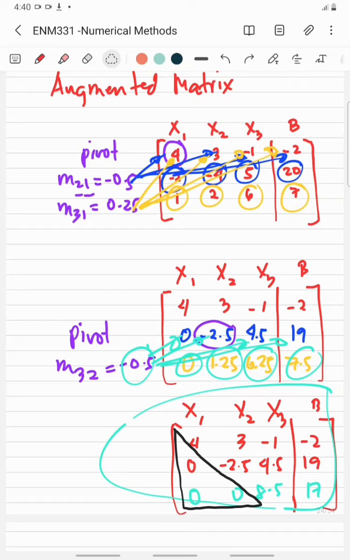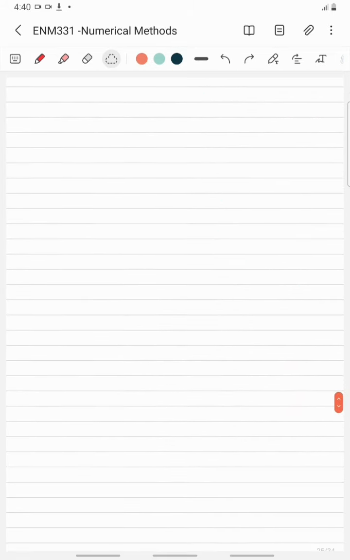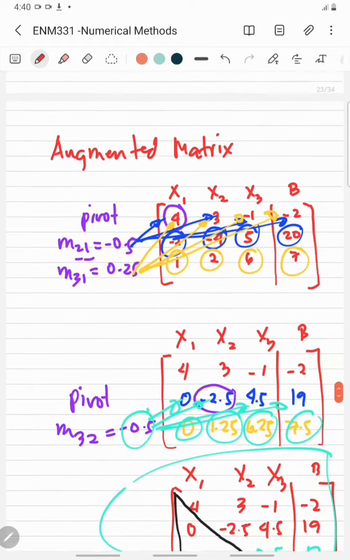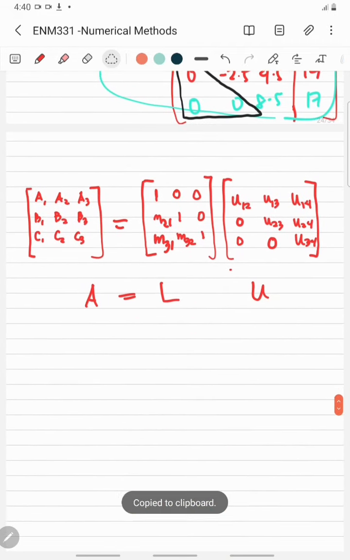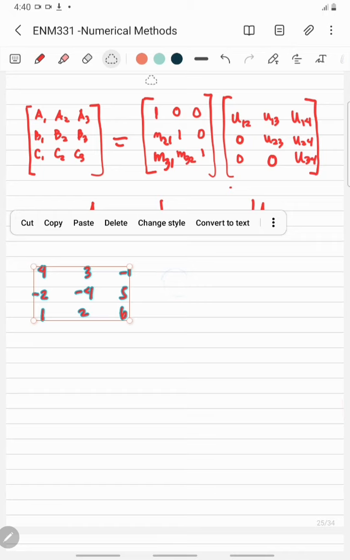Now we substitute some of these values into our matrix A equal to L times U. So for our matrix A, we have to copy the elements. Okay, so this is your matrix A.